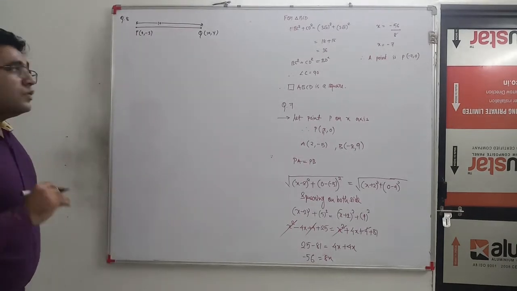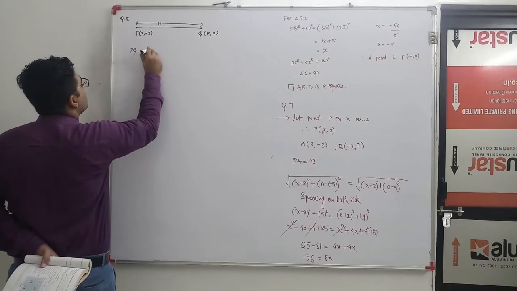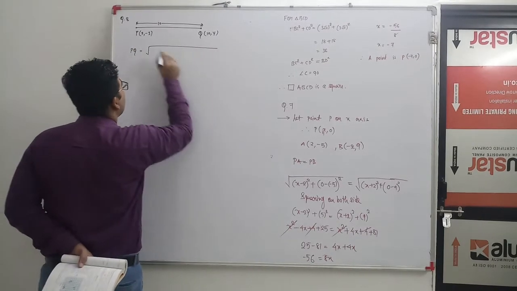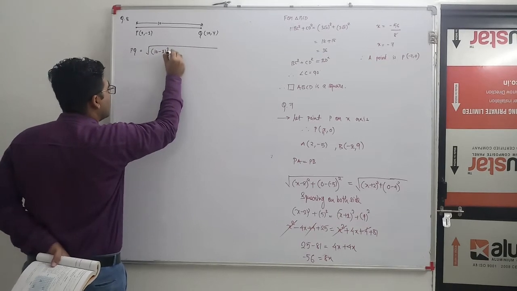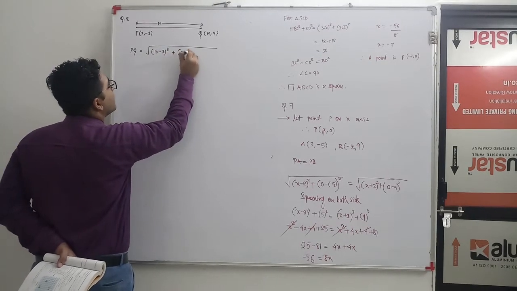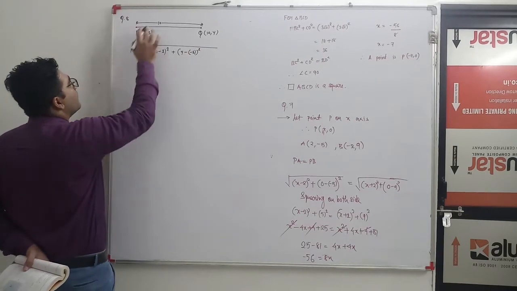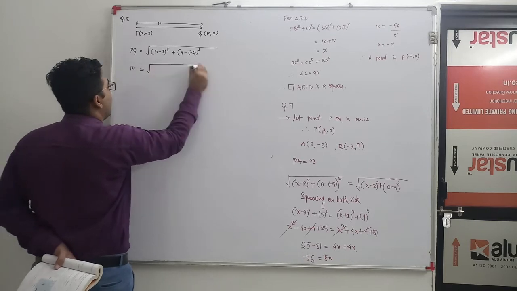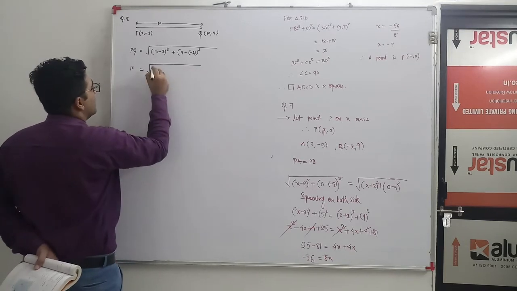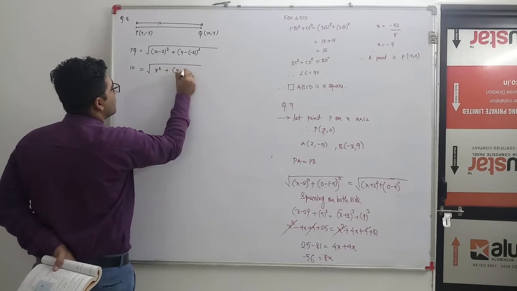So here I am using the distance formula, that is PQ. PQ is equal to square root of (10 minus 2) whole square plus (y minus of minus 3) whole square. What is the value of PQ? It is given as 10. So it is square root of (10 minus 2, means 8) square plus (y plus 3) whole square.